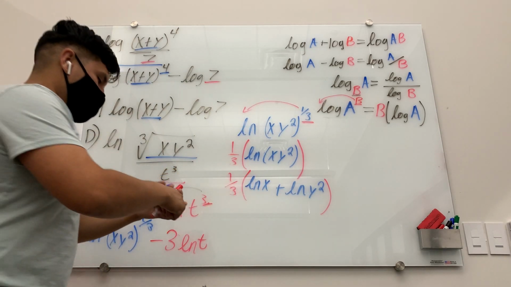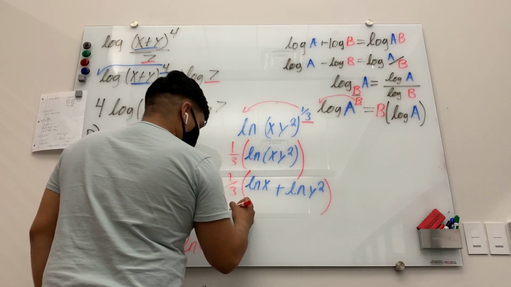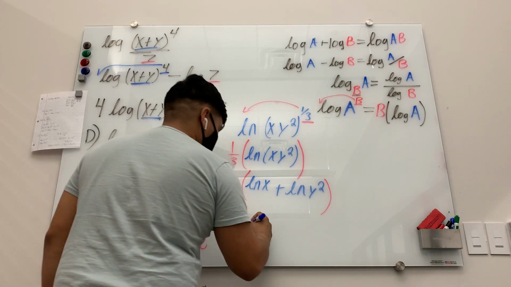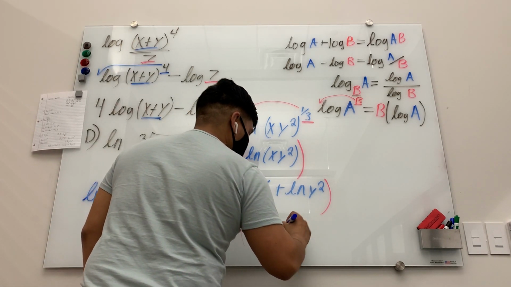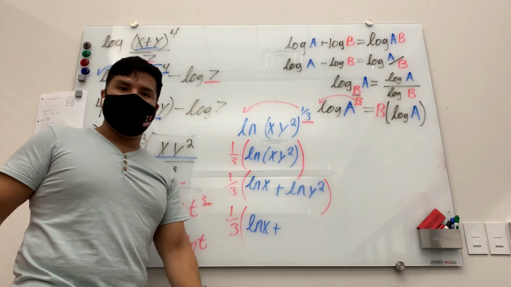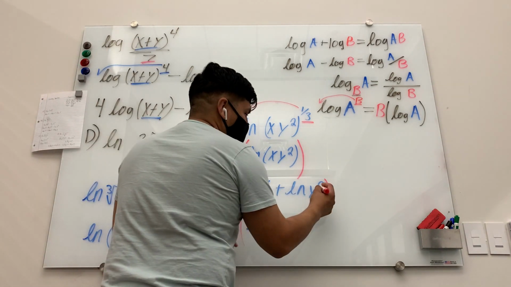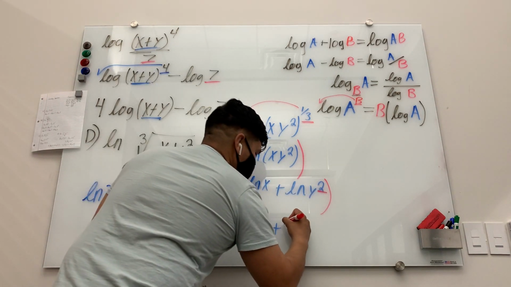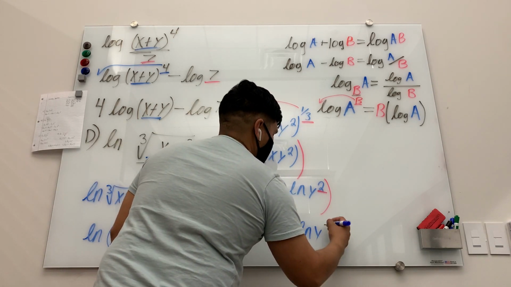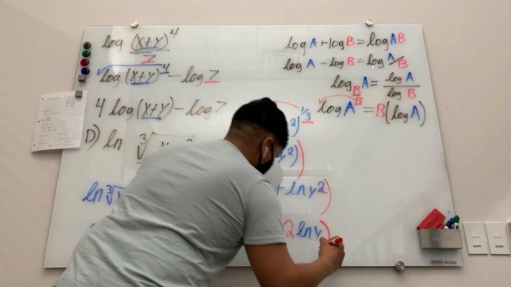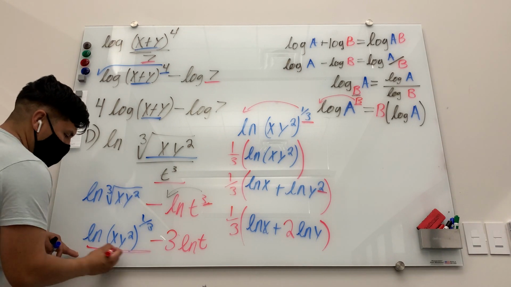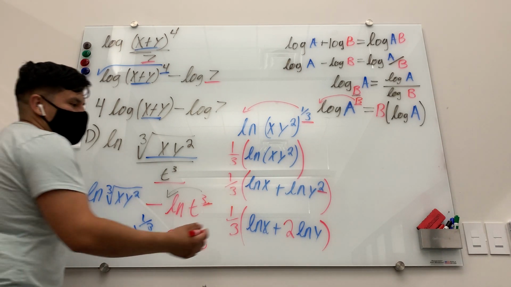Finally, last step right here, we have 1/3 open parentheses natural log x plus, well, we have an exponent here, so our y is being raised to the second power. Our exponent can be brought out front again. So we have plus 2 natural log of y. And finally, close parentheses. And so that's what this term in our equation is going to be equivalent to.